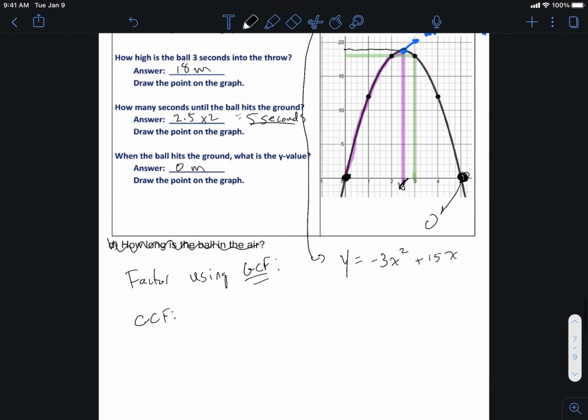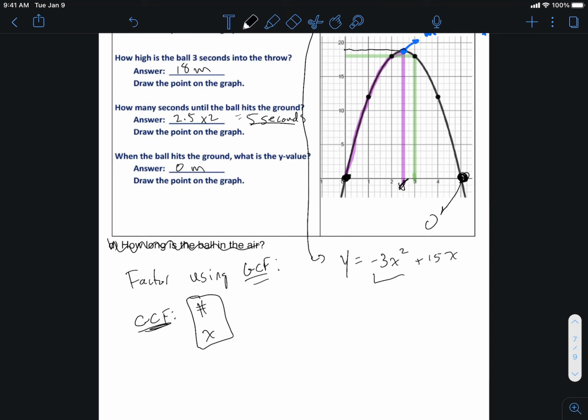Remember, when I'm looking at a polynomial, there are going to be multiple terms in a polynomial, right? And a term has numbers and also variables. In this particular question, I only see one variable, it's x, right? So when you're trying to build your greatest common factor, the question is what's the biggest number that I can take out of both terms, right?